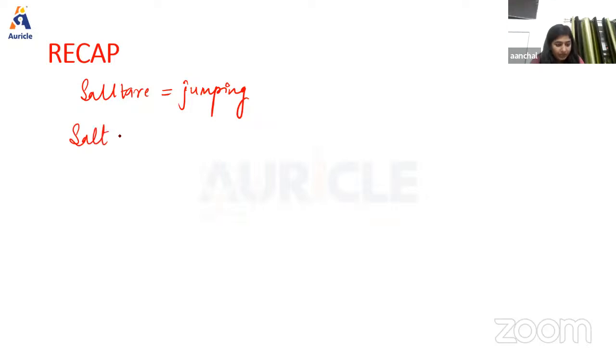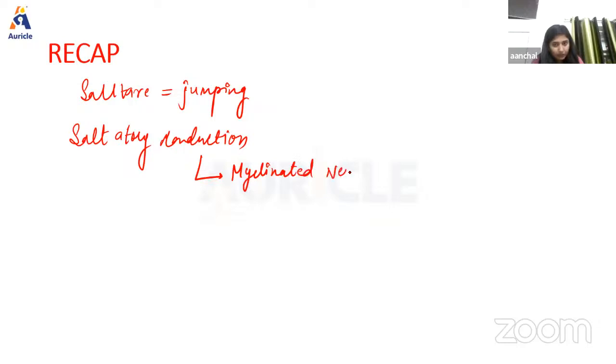So all the students should remember that saltatory means jumping, and the saltatory mechanism, or we can call it saltatory conduction, occurs in myelinated nerve fiber only.